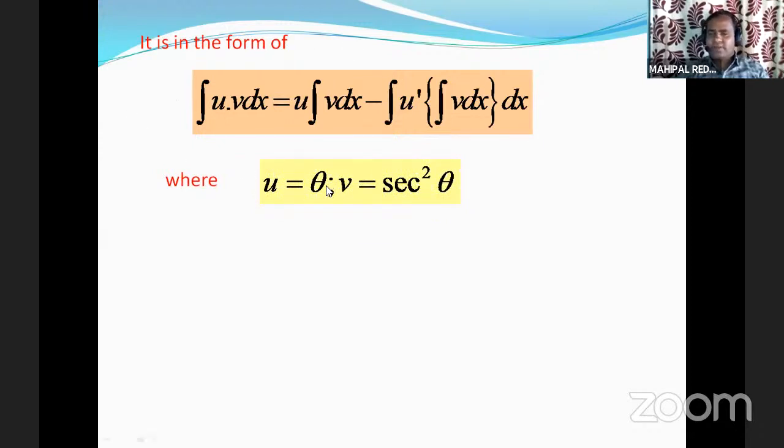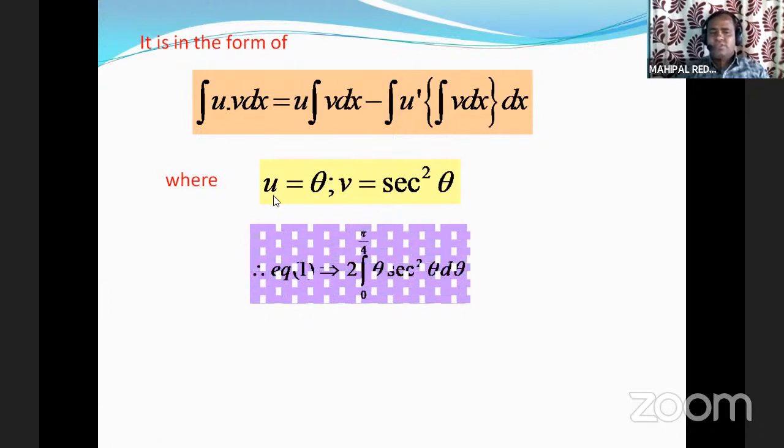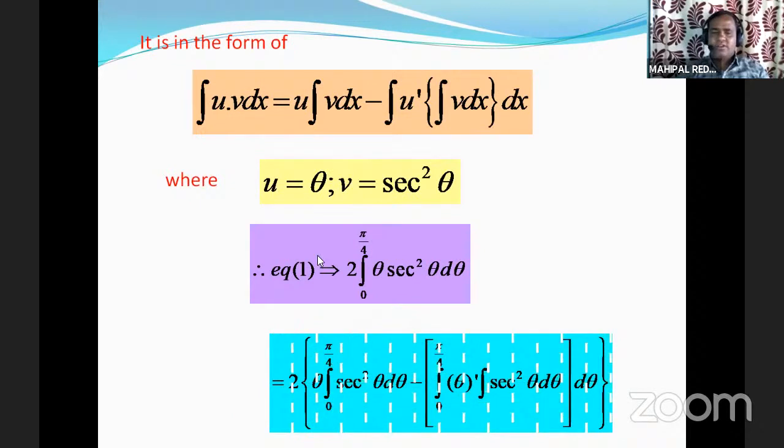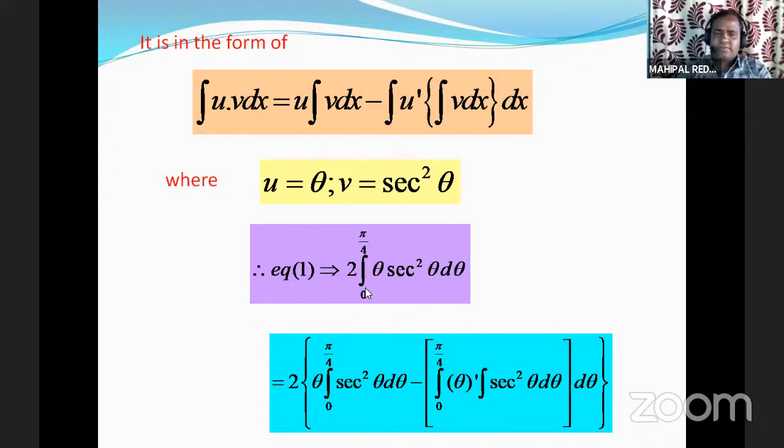Theta is the algebraic function only. The variable is theta here. So therefore, we choose u equals theta and v equals sec square theta. And therefore equation 1 implies 2 into integration 0 to pi by 4 theta into sec square theta d theta, with the 2 as it is. U value is theta.